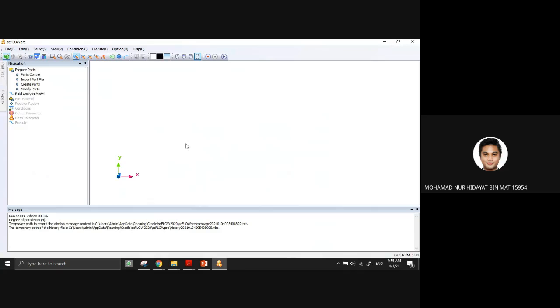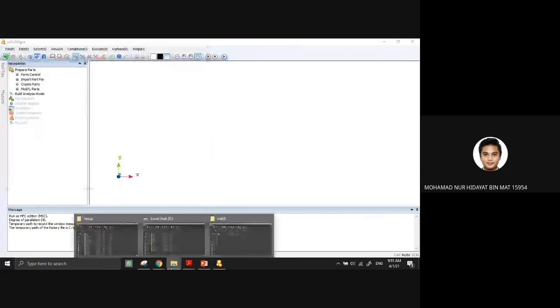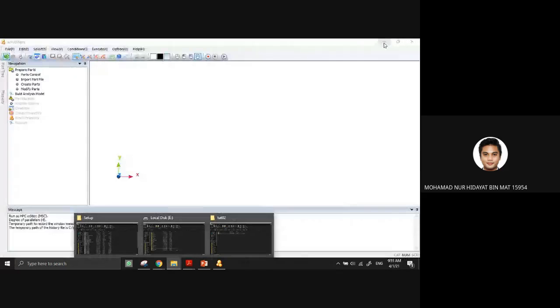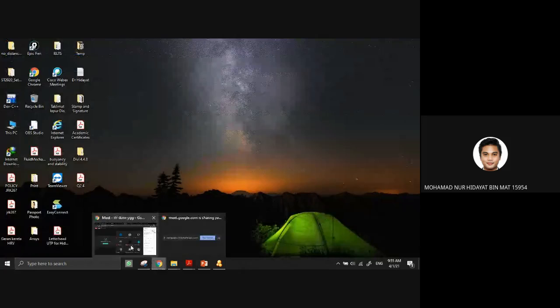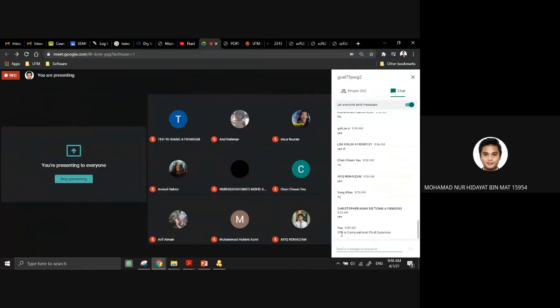If you want to investigate something, for example, you want to import a model. I know you know about the 3D model, right? You know how to design the model by using CAD software, for example like SolidWorks. Does anyone here know how to design the 3D model? What do you normally use? Are you using SolidWorks? Anyone?